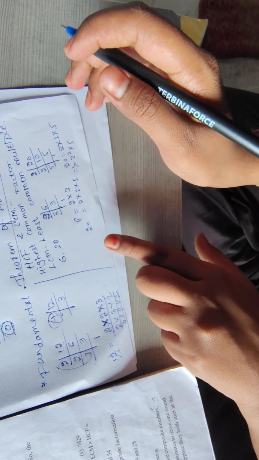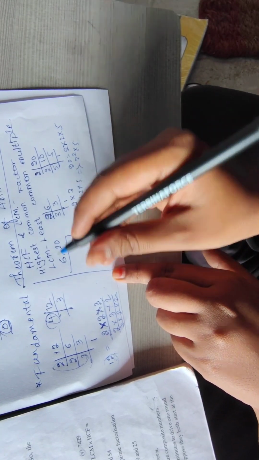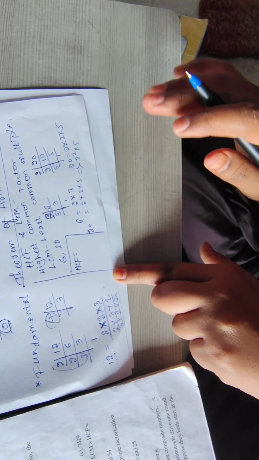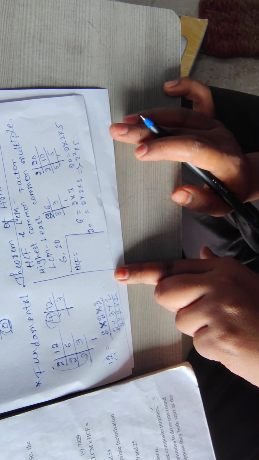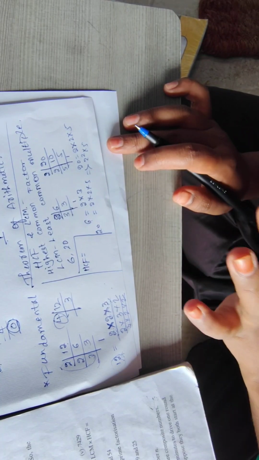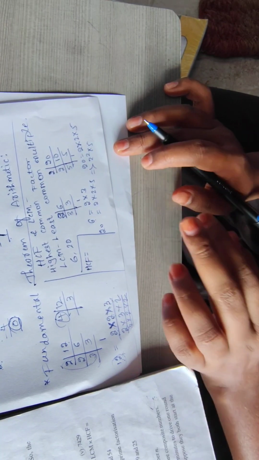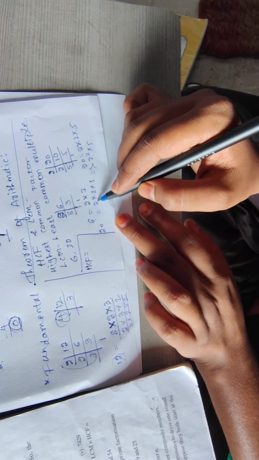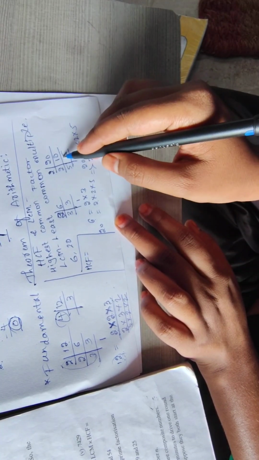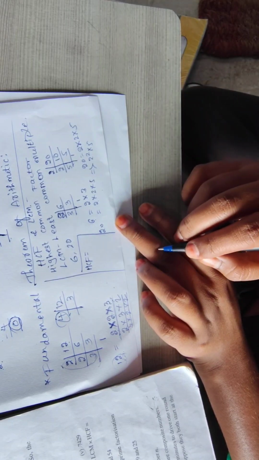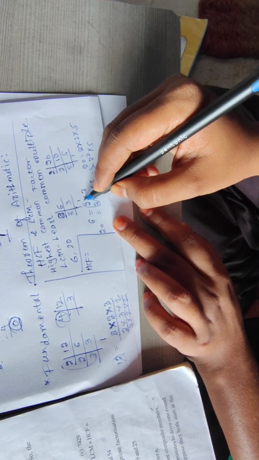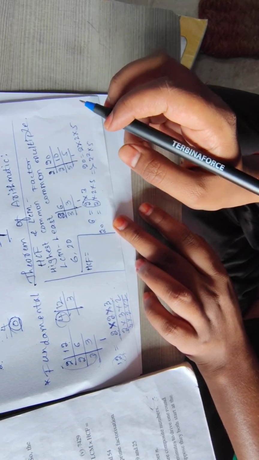Now be careful children. How can I write HCF? Very easy. Most students get confused finding HCF and LCM, but it is too easy. See children, in both the numbers, first you have to write the prime factors by this method, and first you have to see the numbers which are common in both of the composite numbers.